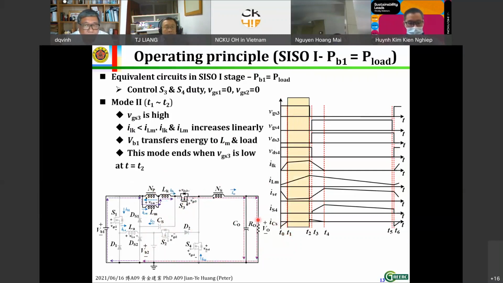In mode 2, VGS3 is still high, but ILK is now smaller than ILM, and ILK and ILM increase linearly. The VB1 will release energy to the LM and load. This mode ends when VGS3 becomes low at T equal to T2.